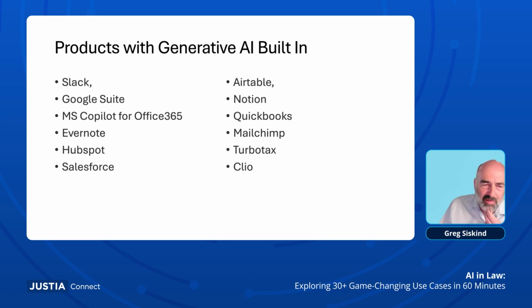Excuse the extraneous comments in this slide; I'll fix it. And they all have generative AI features built in now. Some of them are more robust in that regard than others and can do more things. But the idea here is that you are probably already using software that is incorporating some of this functionality, and you might want to experiment with that.